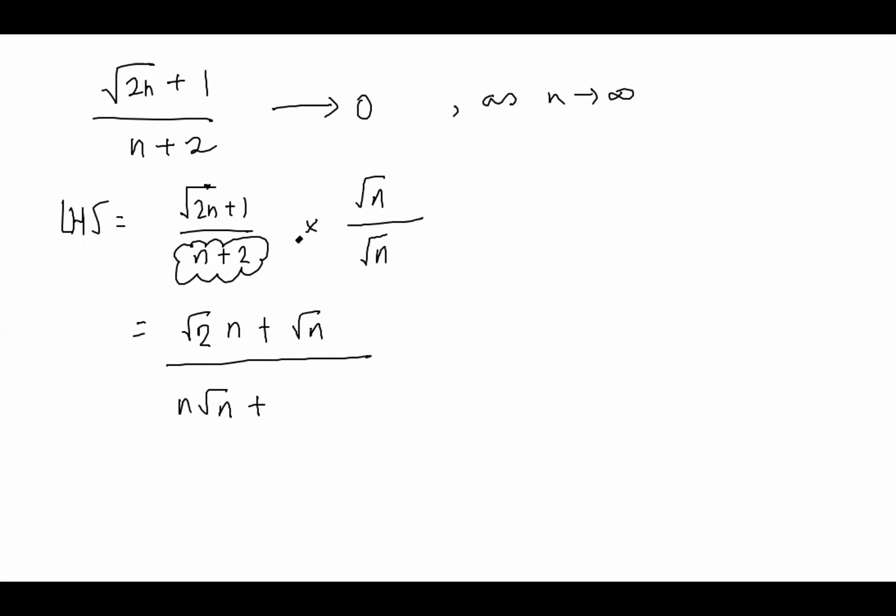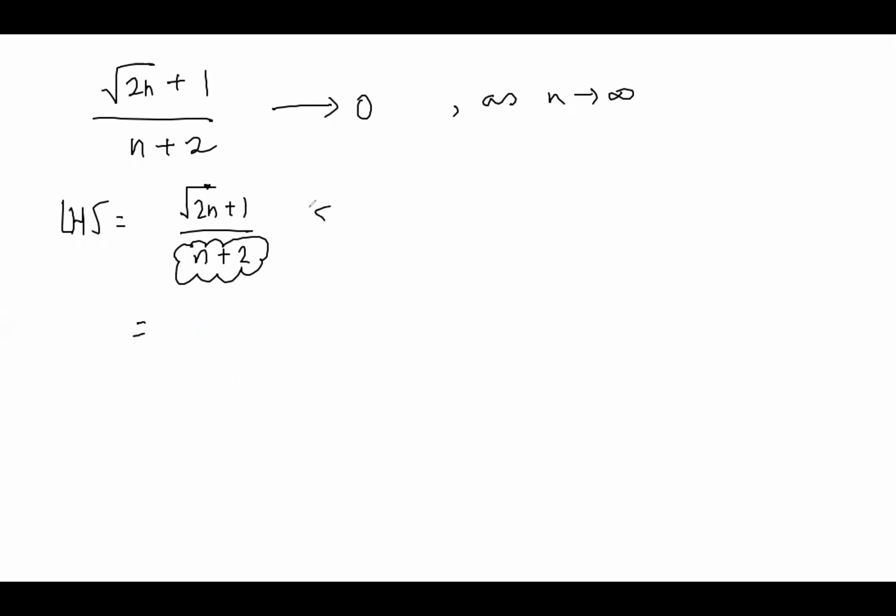But what I do is, for the n plus 2, I make it less than n first. Meaning that the square root of (2n plus 1) over (n plus 2) is less than, I bound it first, then only I make the multiplication. So this will be bounded by the square root of (2n plus 1) over n. Then I multiply the numerator with this.